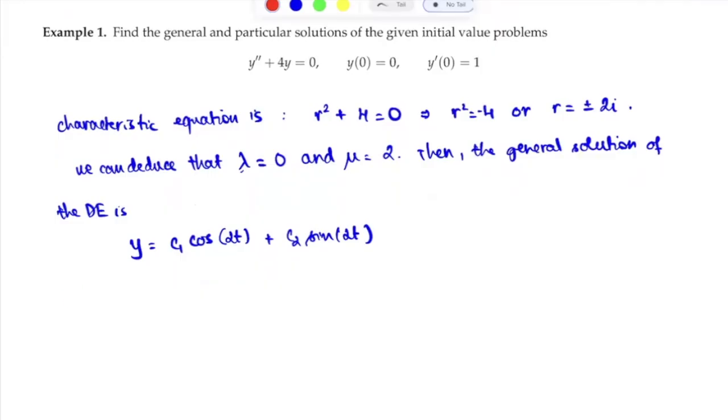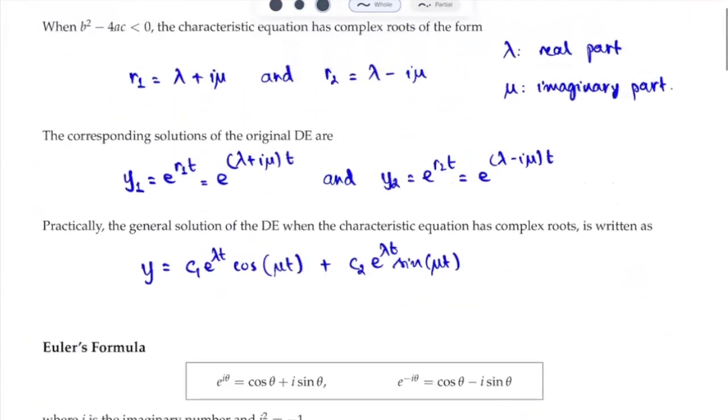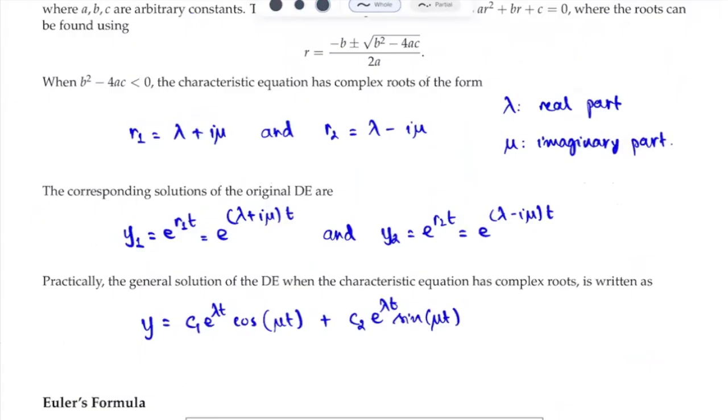One quick question. Sure. So we can assume lambda and mu's values based off of the fact that we know from our previous example what our values of y1 and y2 are. So lambda plus i times mu. Mm-hmm. So that's how we get it. Yes. You're right. So based on this setup, for the complex root of the characteristic equation, you can identify lambda and mu that way.